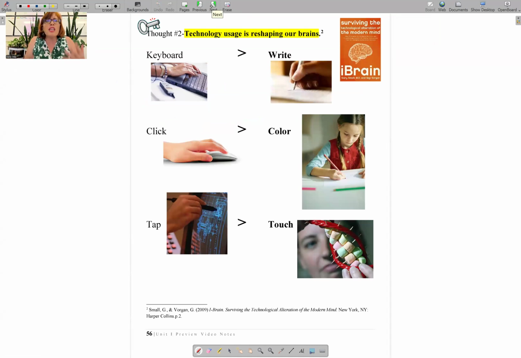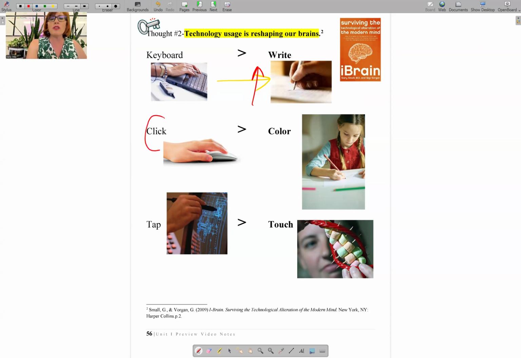The problem is technology is pulling you farther and farther away from interacting with the world around you using your own physical hands. We keyboard more than we write, and physically writing on paper actually increases understanding and comprehension. Note-taking on a notebook or tablet actually shows very little retention.